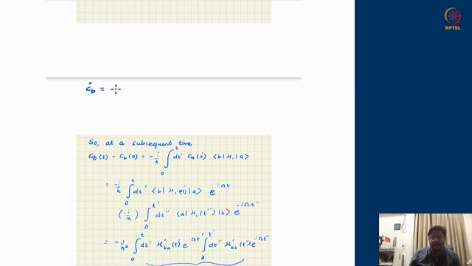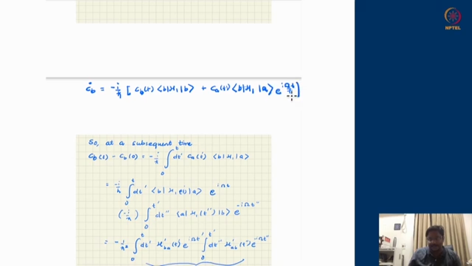Cb dot is supposed to be minus i upon h bar, then Ca at time t, and then B perturbation terms, the diagonal element B H1 B, plus Ca at time t, and then the B H1 A and e to the power i omega t upon h bar.